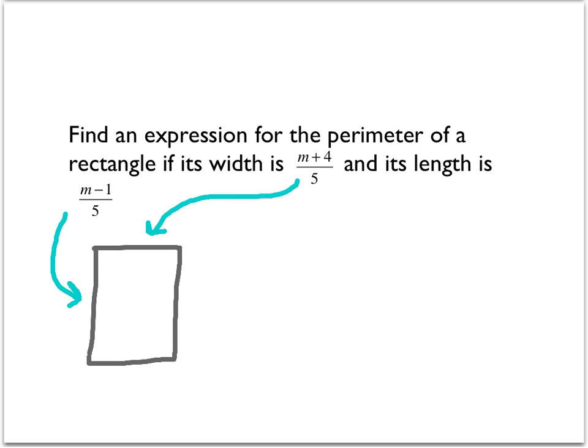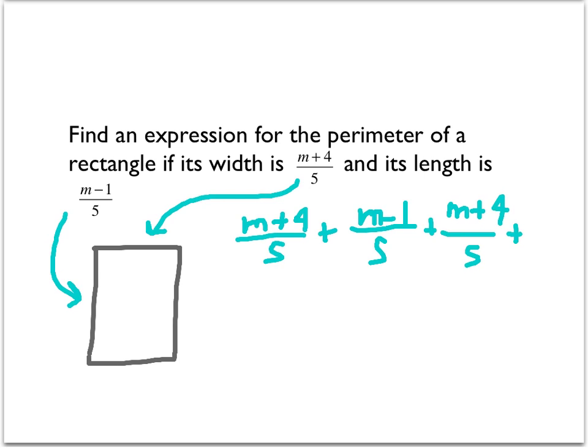So do you see that what's going to end up happening here is I'll have m plus 4 over 5 plus m minus 1 over 5, and then I'll just add those again, because with a rectangle those opposite sides are going to be the same. So I'll have another m plus 4 over 5 and another m minus 1 over 5. Now notice I have common denominators all the way around here, don't I? So I can go ahead and be assured that my common denominator will be 5.